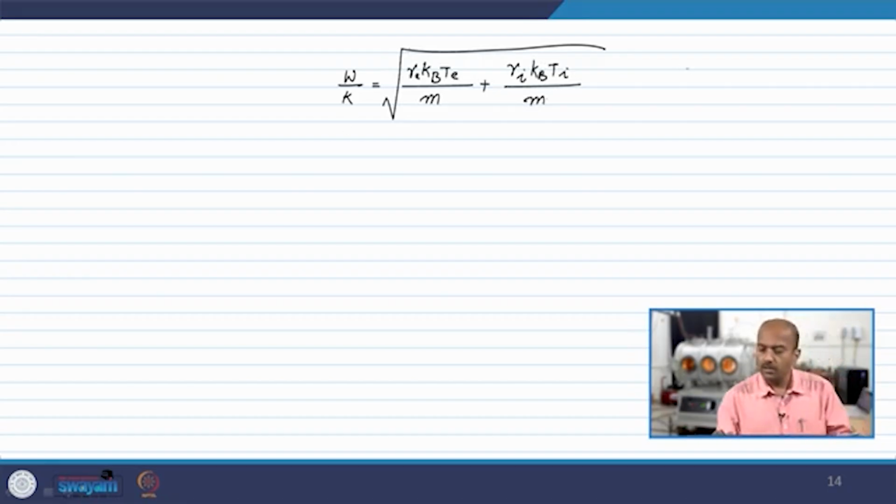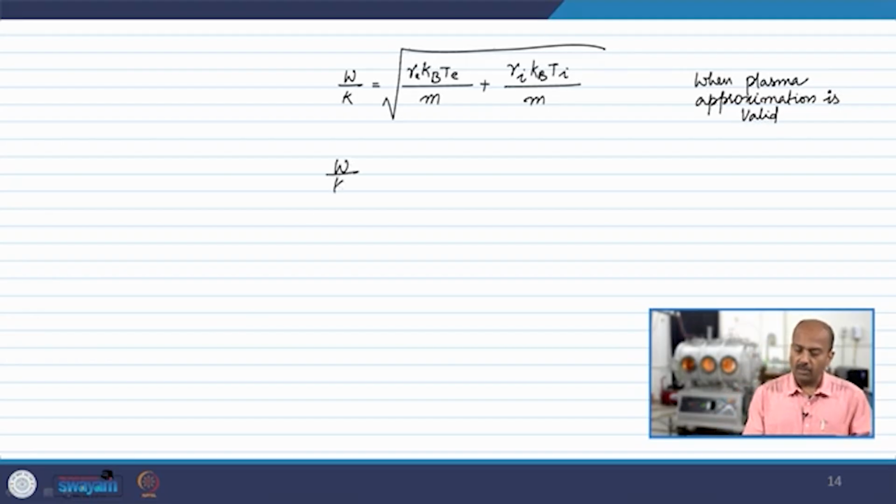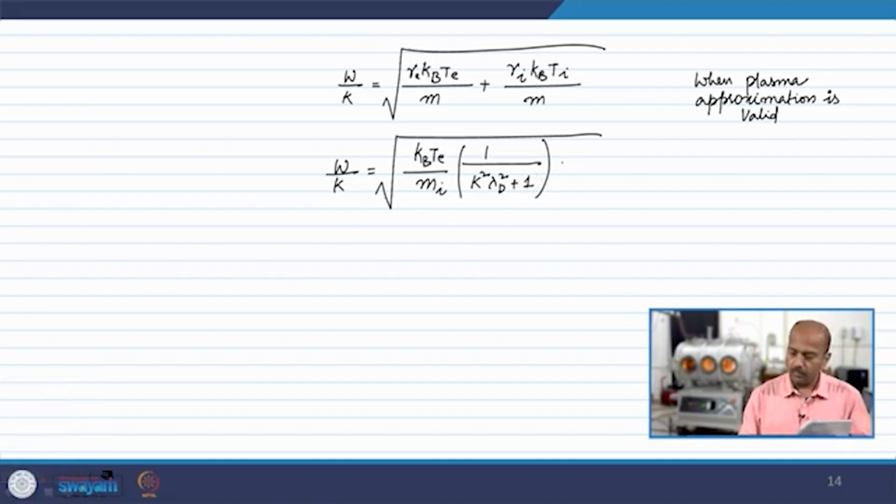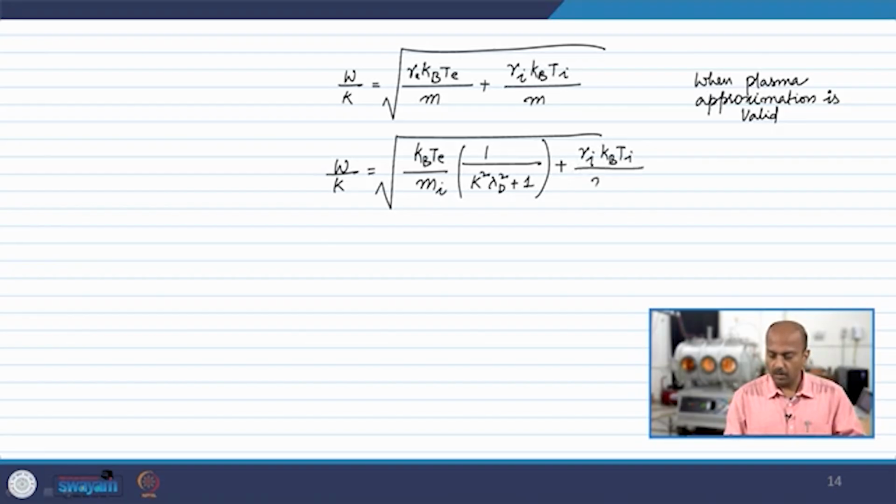This is when the plasma approximation is valid, and in the absence of that, omega by k is slightly different, which is kBTe by mi times 1 by k square lambda_D square plus 1 plus gamma_I kBTi by mi. Right. So, this is the difference.